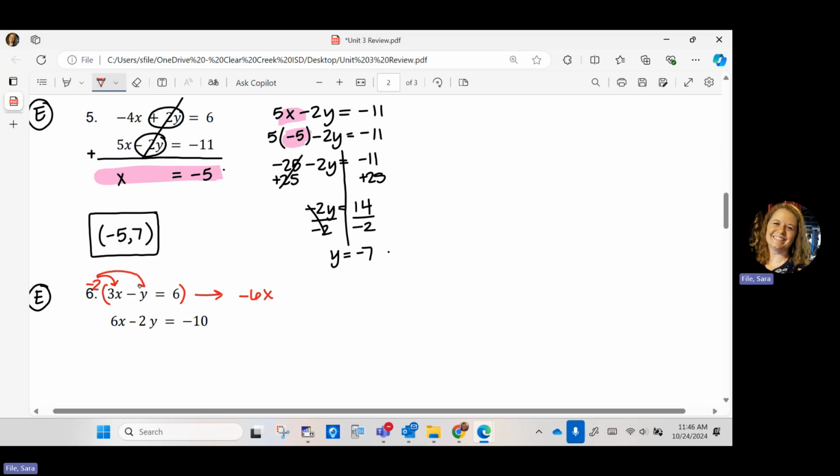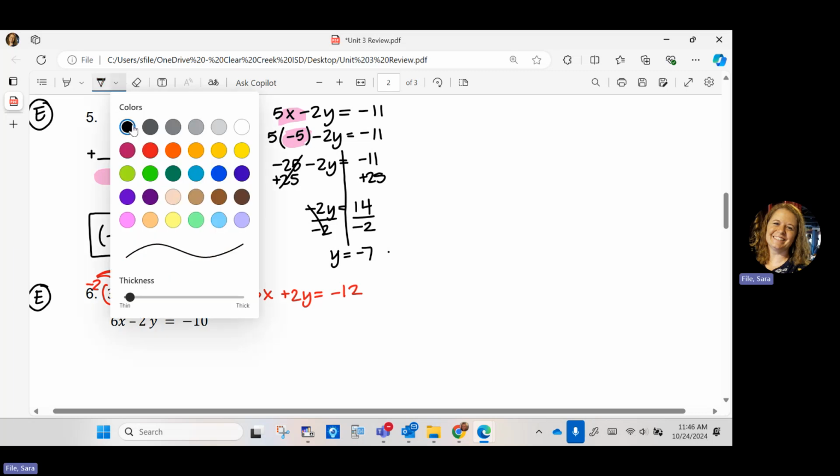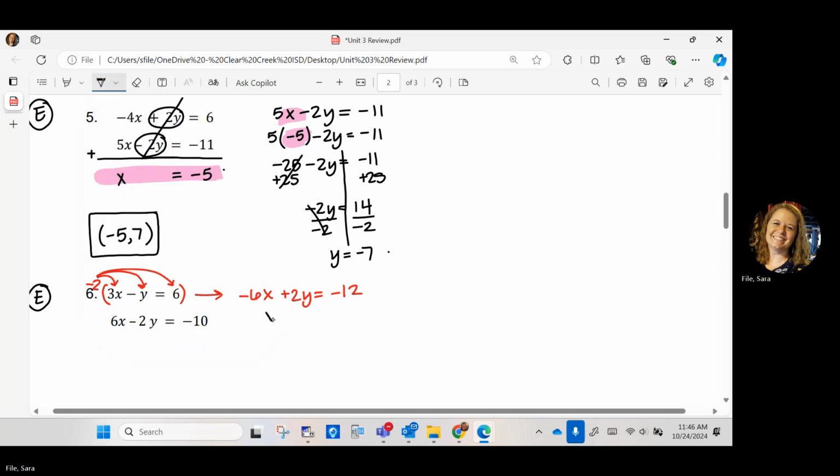But I have to multiply everything. Everything gets that negative 2. So that becomes positive 2y. And that becomes negative 12. Okay, now the second equation, I didn't touch, so it just stays exactly the same.